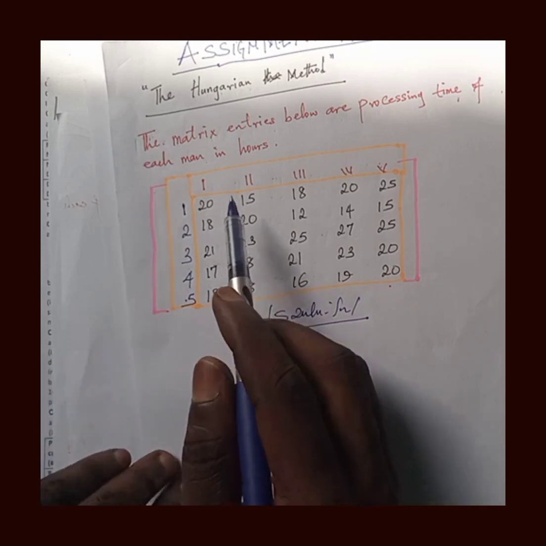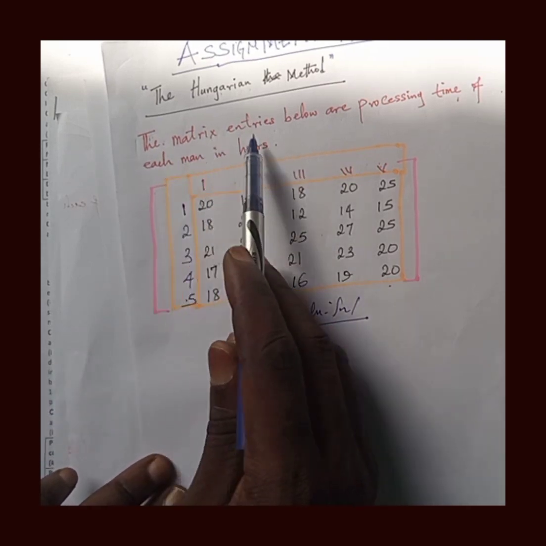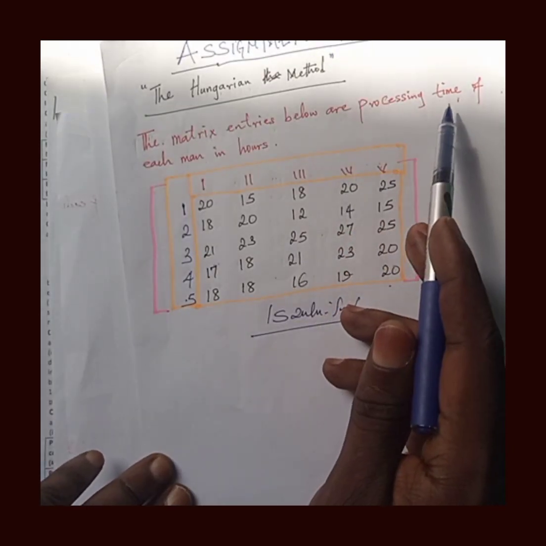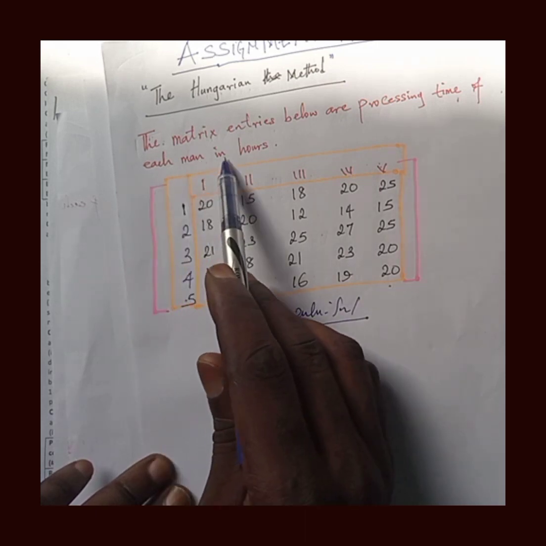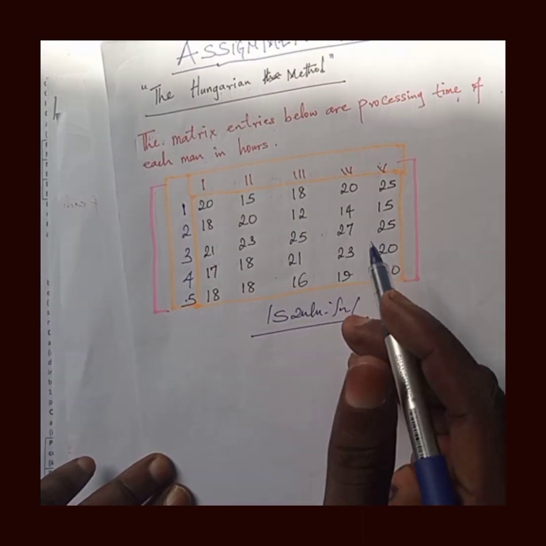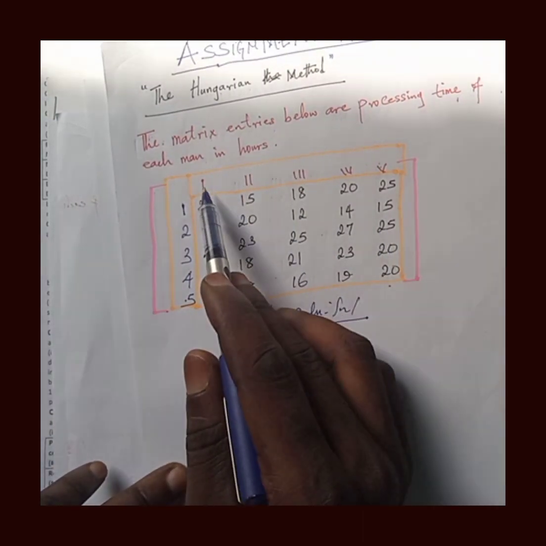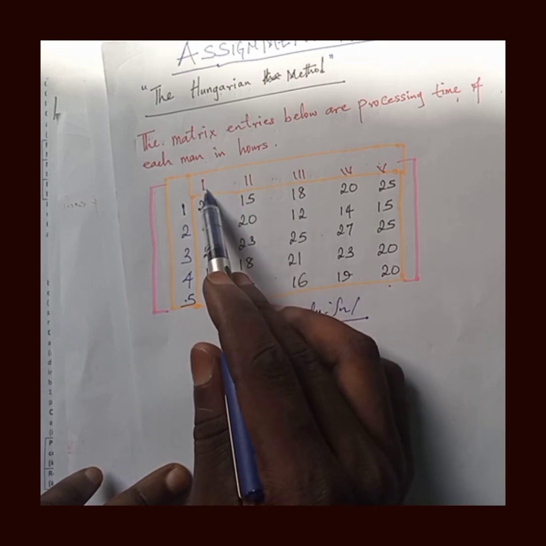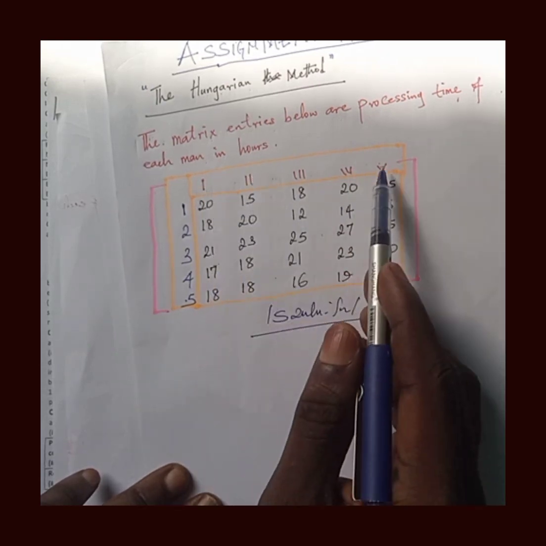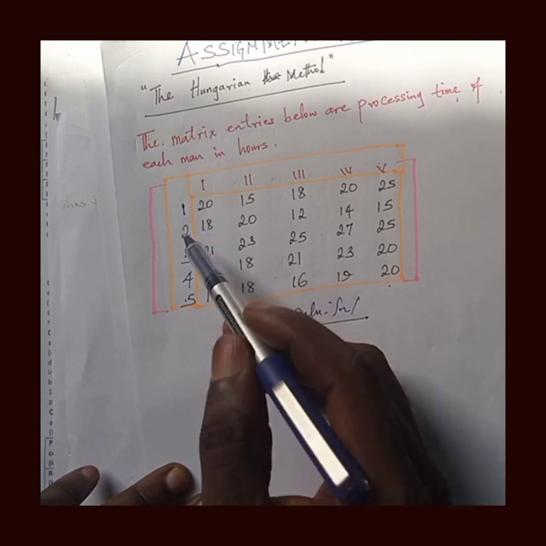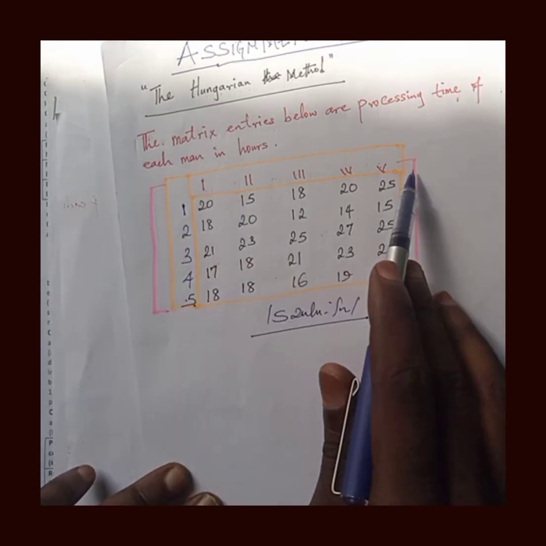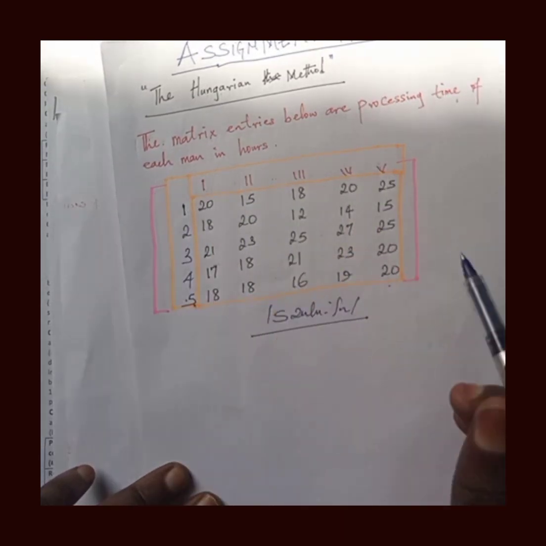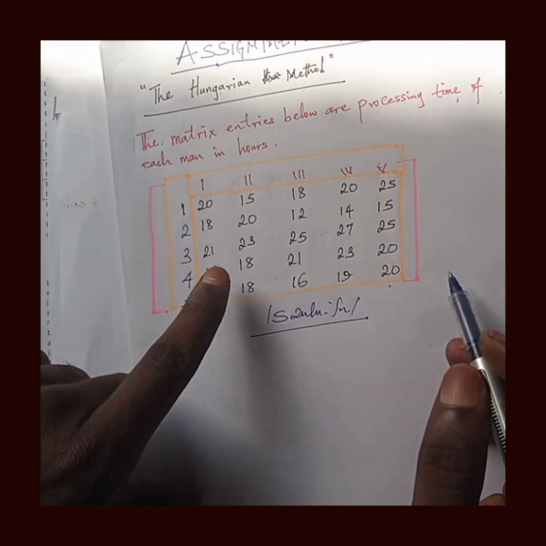Now, according to the question, the matrix entries below are the processing time of each man in hours. These are the jobs available, 1 to 5 jobs, and we have 5 men to be assigned these jobs.